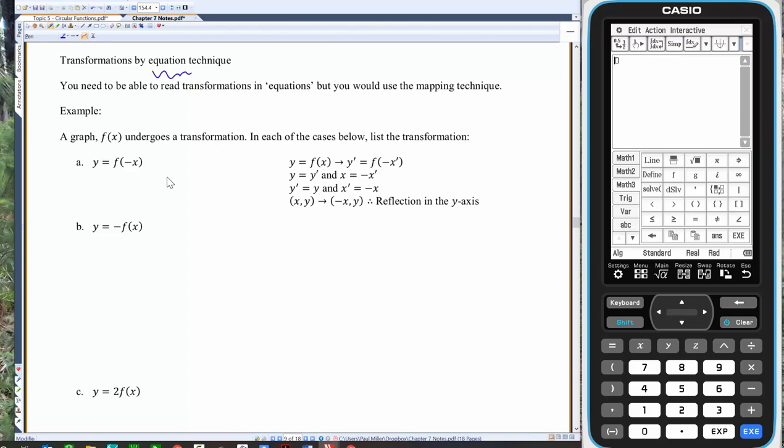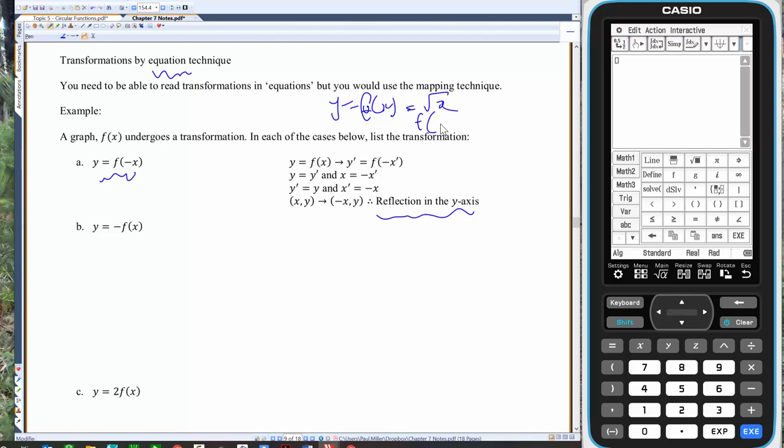If you want to do a transformation, this one here is a reflection in the y-axis. If you take a function f of x and drop negative x into the function, you cause a reflection to happen. The best way to see that is to start with y equals f of x equals root x.